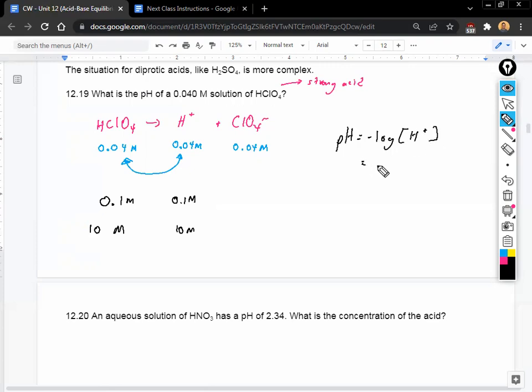We can see that the concentration of H plus here is going to be 0.04. And then we just plug that into our calculator and we'll get a pH of 1.398. And this makes sense because if we have a strong acid, we're going to expect the pH to be low, right? Because it's very acidic. And so we indeed do have a very low pH.